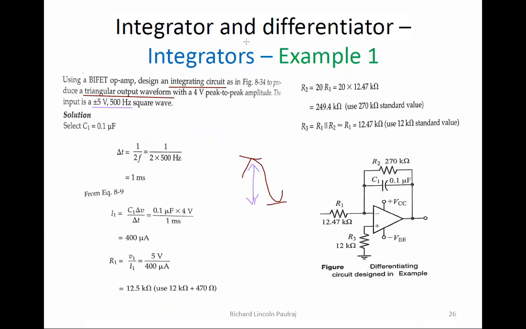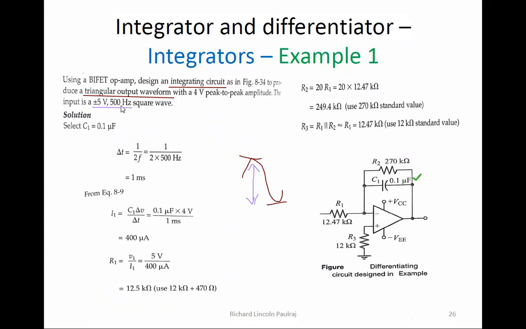So I'm going to assume a few things here. C1, I have already assumed to be 0.1 microfarad. And how do I calculate delta T? Delta T is nothing but 1 by 2f, where f is the frequency.